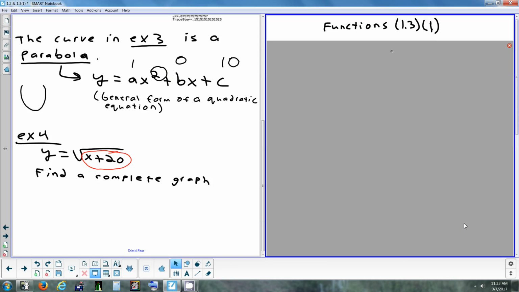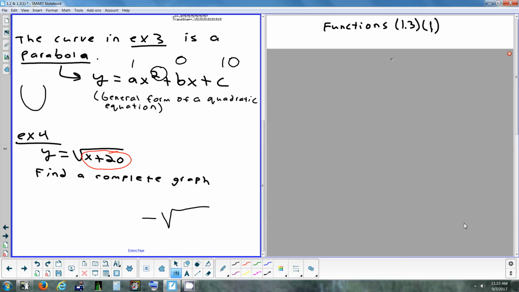Now, when you take a square root, what kind of answer are you going to get? A positive or a negative with this symbol? Positive. If they wanted a negative, they use this symbol. They put a negative in front. Okay? So as far as what kind of answers am I going to get for y, they're never going to be negative.